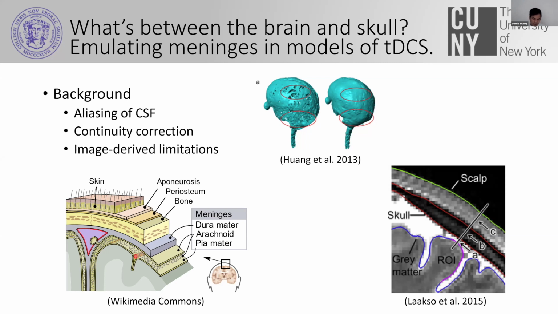But what we were hoping to do was to essentially mimic the presence of the meninges by just a simple conductivity change. We're looking for a simple correction factor that we could apply to some of these existing toolboxes, like ROAST, like SimNIBS, that would take into account the presence of these connective tissue layers.